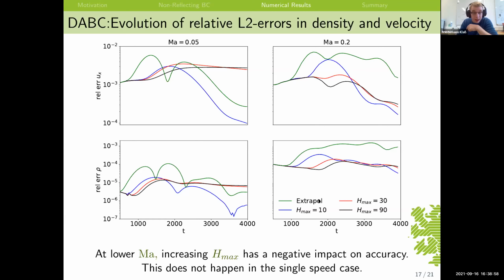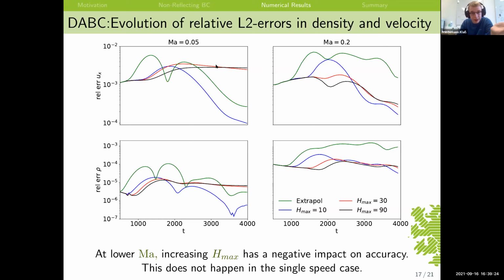However, if we consider the left column and look at the Mach number of 0.05, then we see that we are actually quite good to go at the maximum history depth of 10. And the strange thing now is that if we increase the maximum history depth to 30 and say 90, then we get even worse results, even after the vortex has interacted with the boundary.